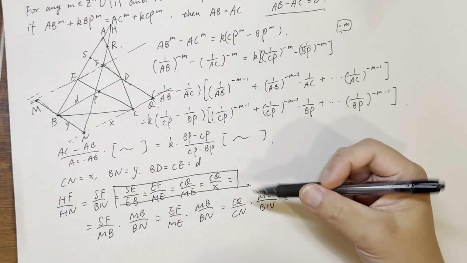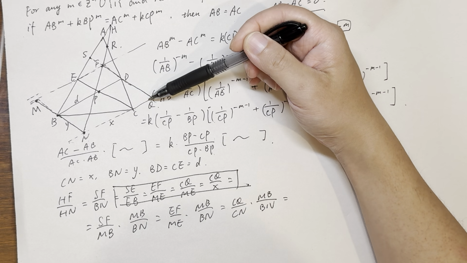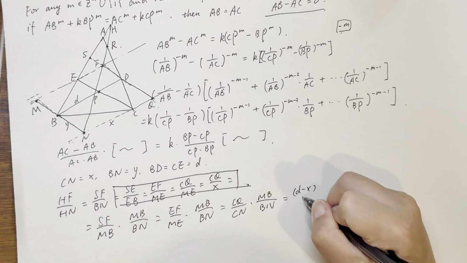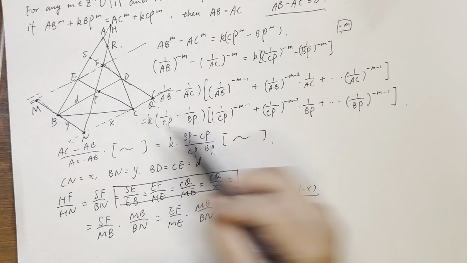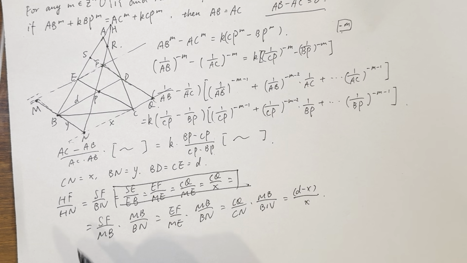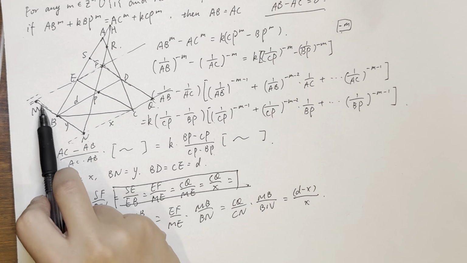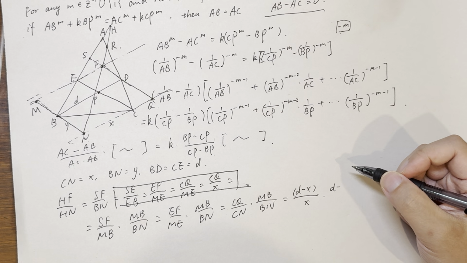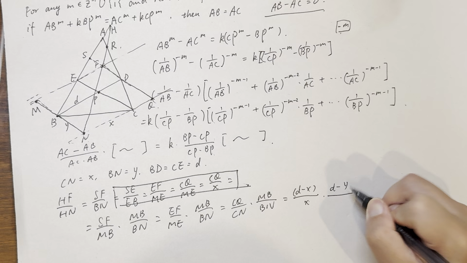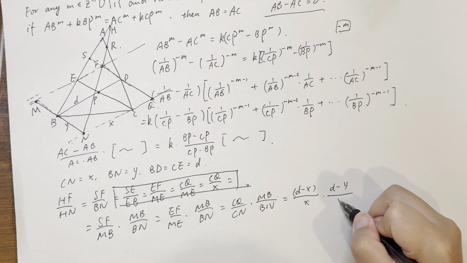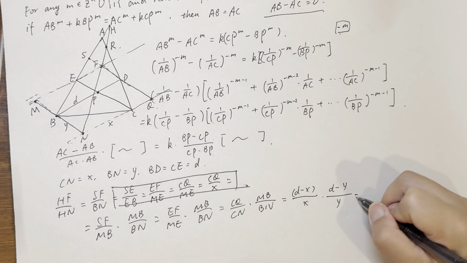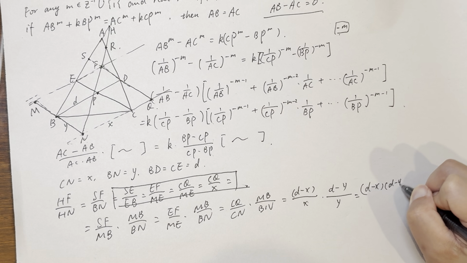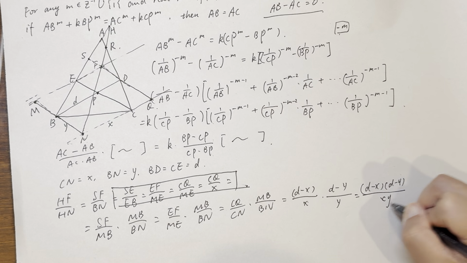Right, and we know that CQ is D minus X and CN is X. MB is D minus Y, and BN is Y. So it equals (D minus X)(D minus Y) over XY.